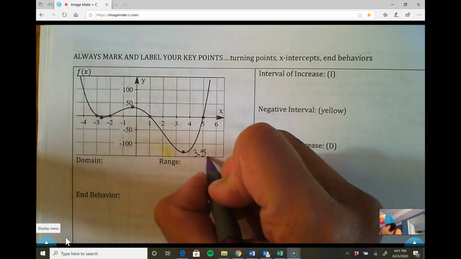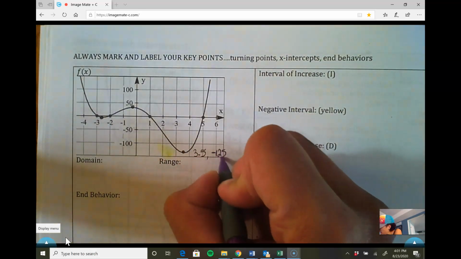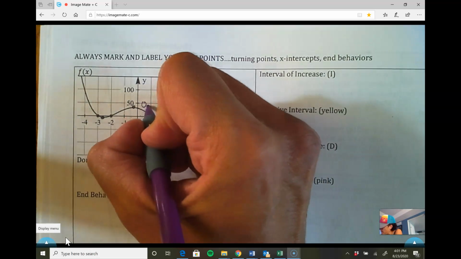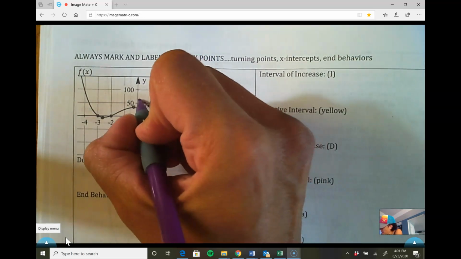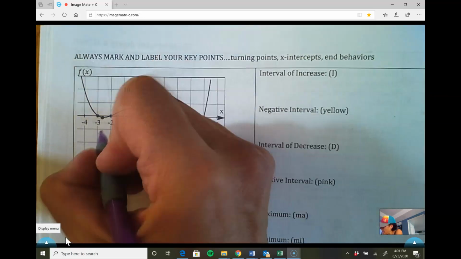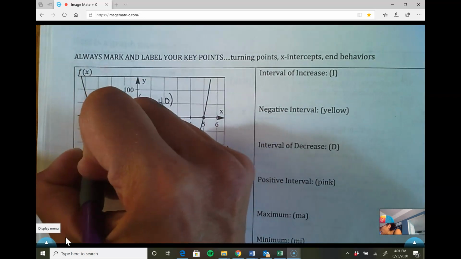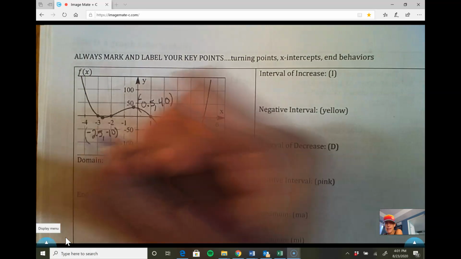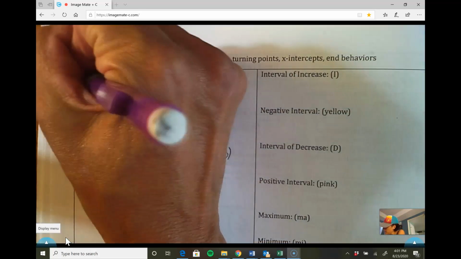So this might be -125. Again, that's just an estimate. This point, I'll say it's about a half, or -1/2, sorry, and let's just say maybe it's at about 40. And then this one we'll say is at -2.5, and I don't know, maybe it's at -10. Again, these are just estimates. Let's put some arrows here.